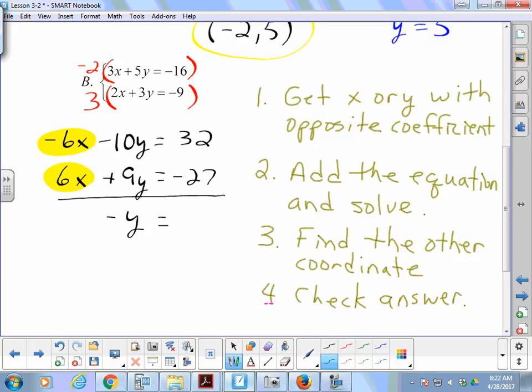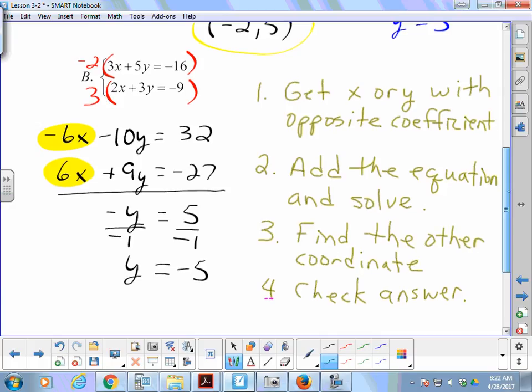So we get -y equals 5. And if I multiply or divide by -1, we get y equals -5. So we found the first one.